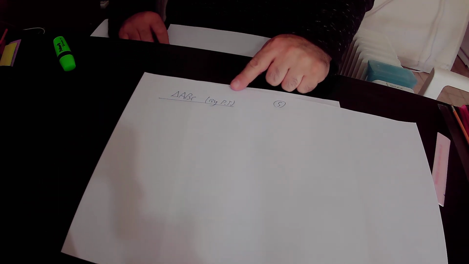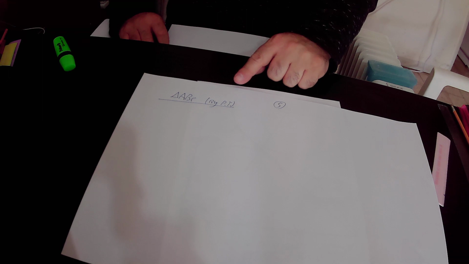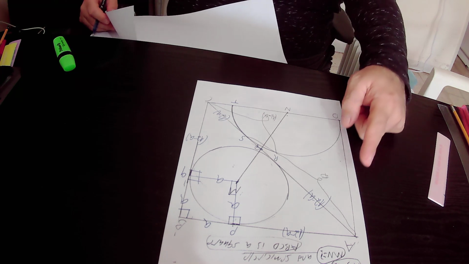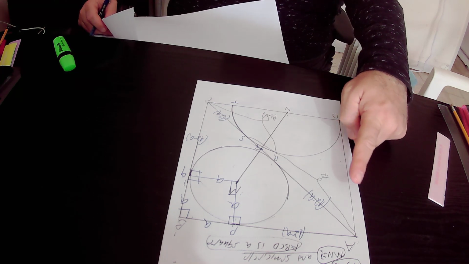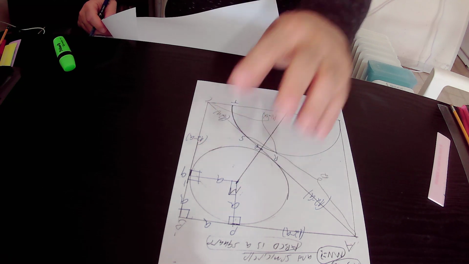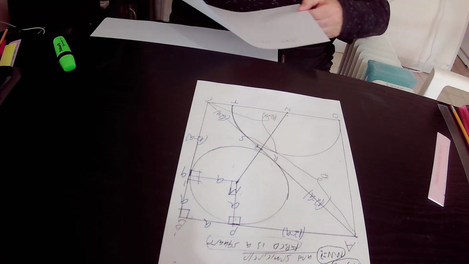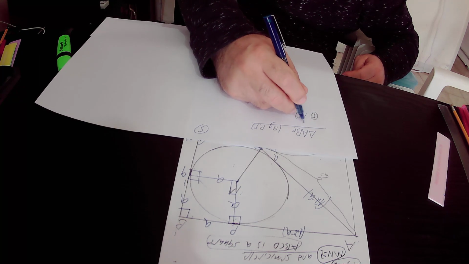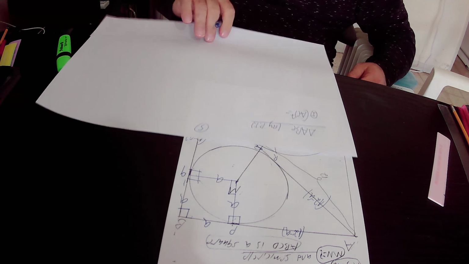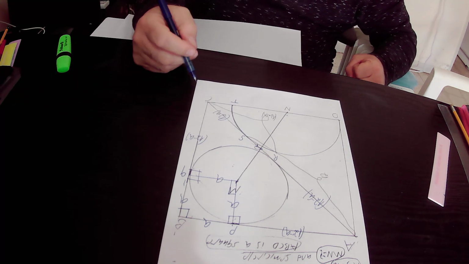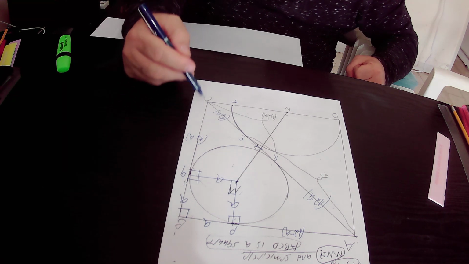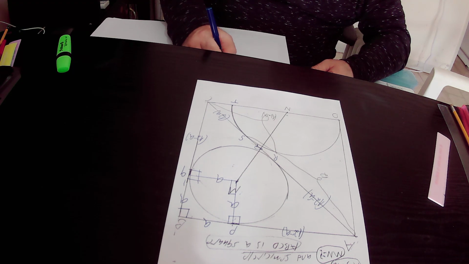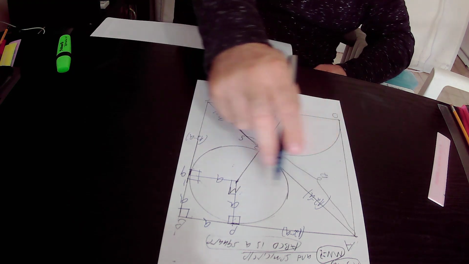Here, the letters PT are an abbreviation for Pythagoras theorem. The hypotenuse in this right triangle is AC, therefore the square of the hypotenuse is AC squared, and it must be equal to the sum of the squares of the perpendiculars. That is to say, it must be equal to BC squared plus AB squared.